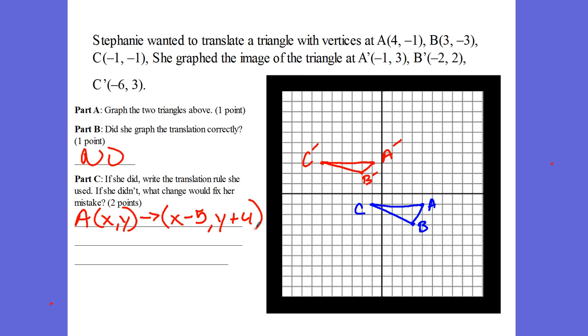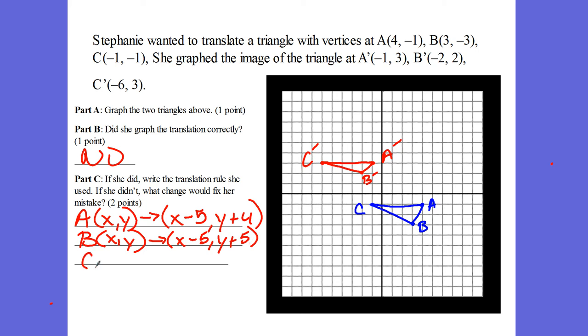Okay, so let's do the same thing for B. If I count it over from my X's, 1, 2, 3, 4, 5, right? So that's going to be left 5, minus 5, and y plus 5.